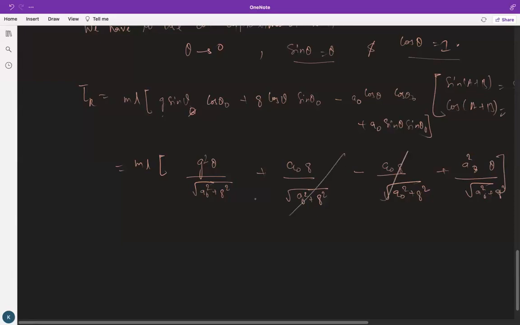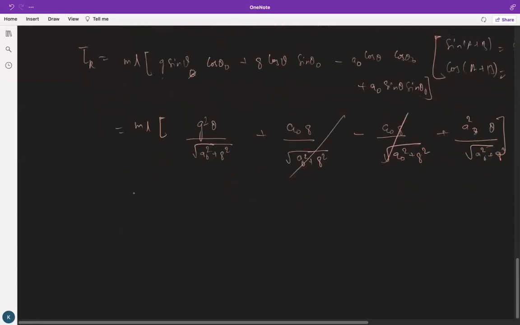So this and this term get cancelled. What we get is our restoring torque is equal to ml root under a naught square plus g square into theta.